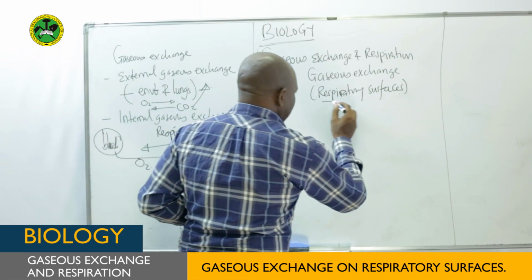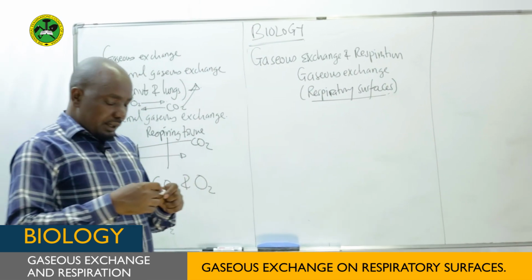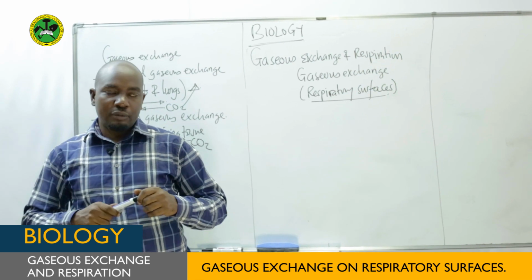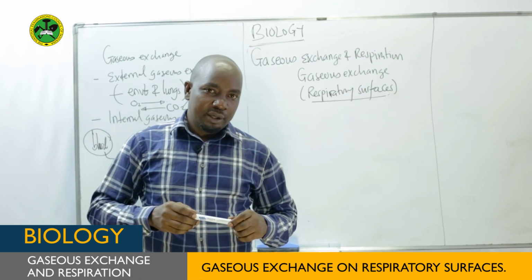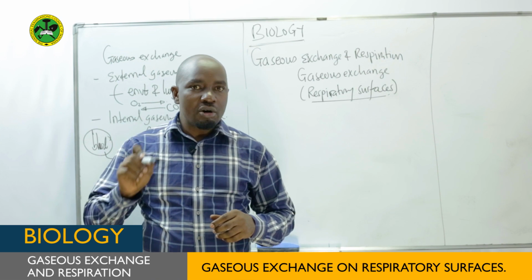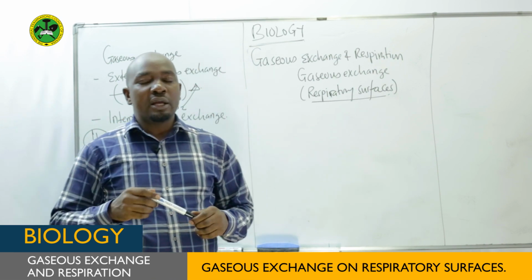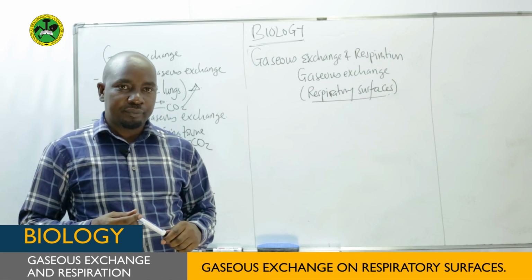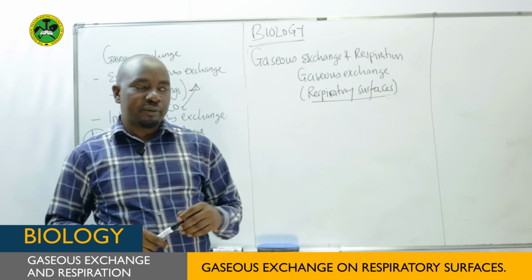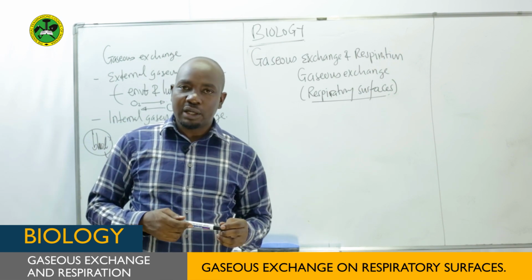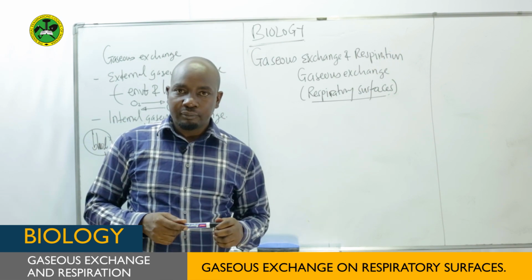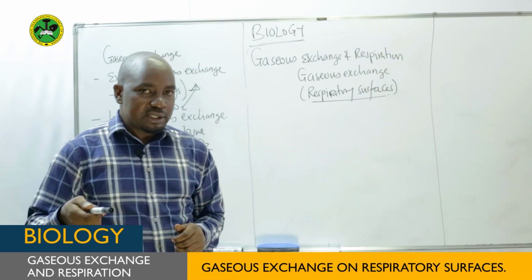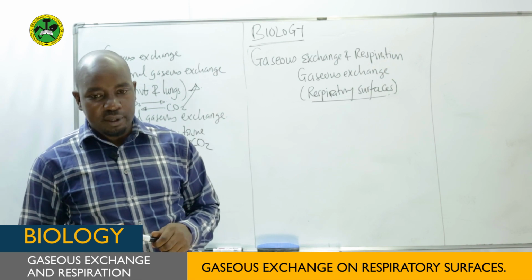The major respiratory surfaces differ from one organism to another, and mainly depend on the environment where that organism is found. The terrestrial organisms have different respiratory surfaces compared to the aquatic, meaning that every respiratory surface operates in its own environment.